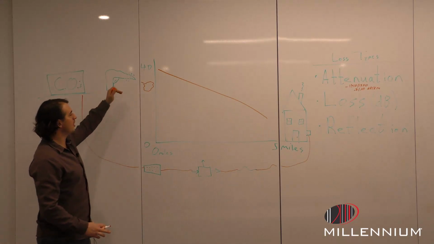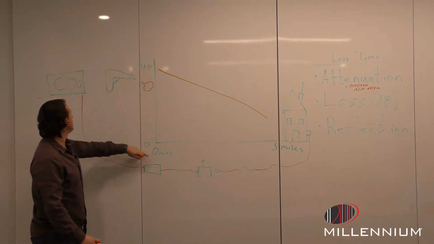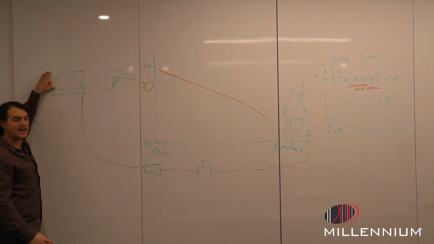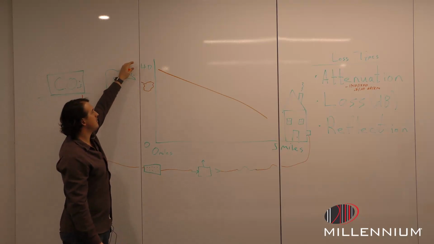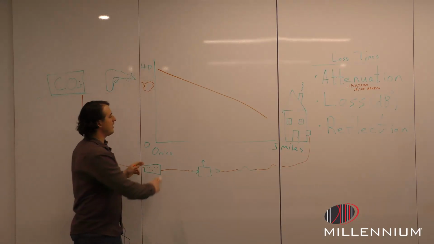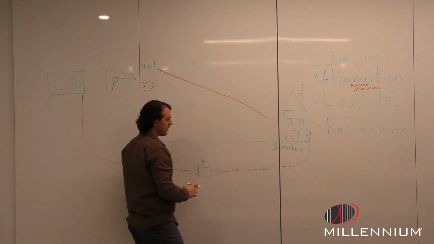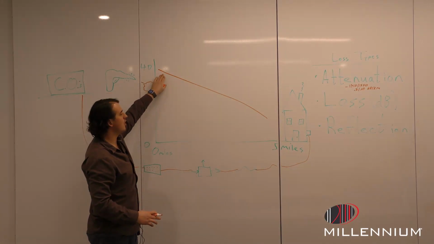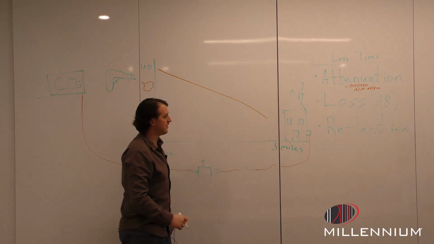In this scenario, on this axis we're at 0 miles. This is where our CO and our patch panel are. We're injecting 40 decibels of power with our OTDR, and it's traveling 5 miles to this customer's house. In this scenario, we don't have any issues or problems.